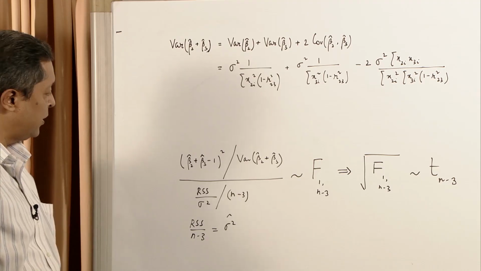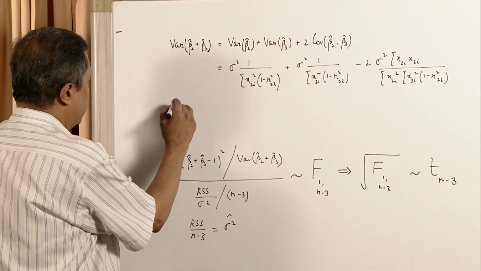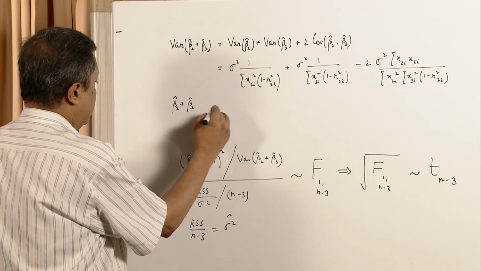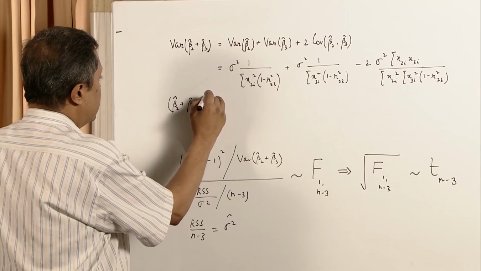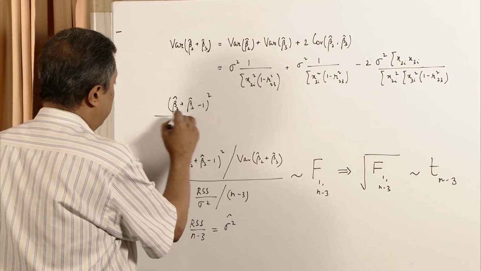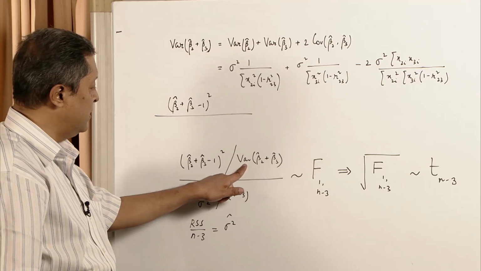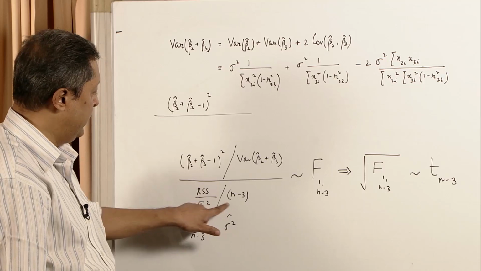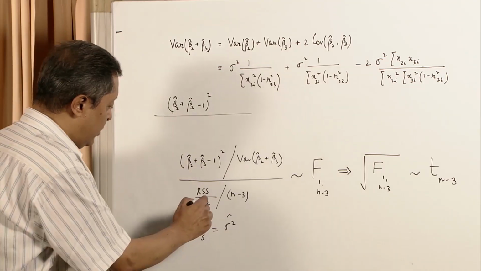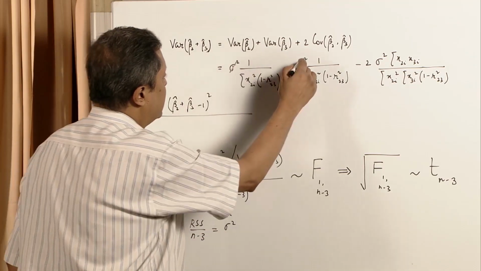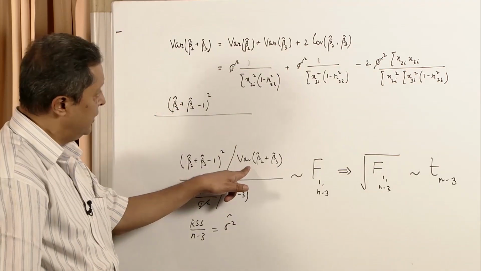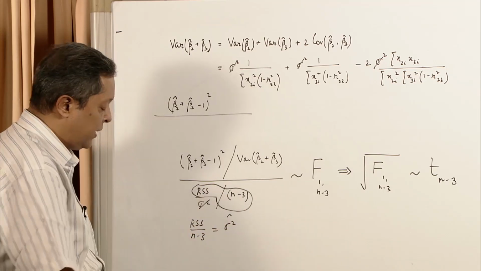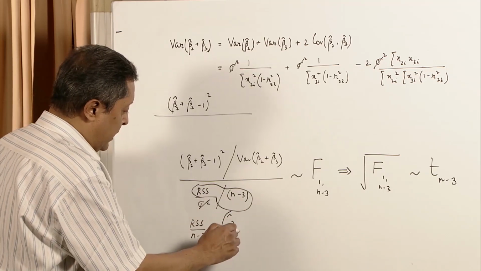So, making these substitutions, we arrive at a nice result, beta 2 hat plus beta 3 hat minus 1 whole square divided by, instead of this variance and this RSS by sigma square divided by n minus 3, we cancel out this sigma square in the denominator with all of these sigma squares in the denominator here, and we take out this RSS by n minus 3 and put it as sigma square hat.